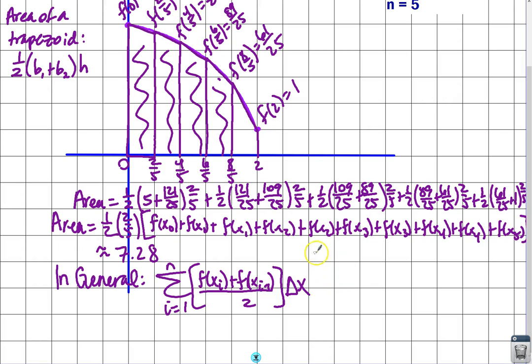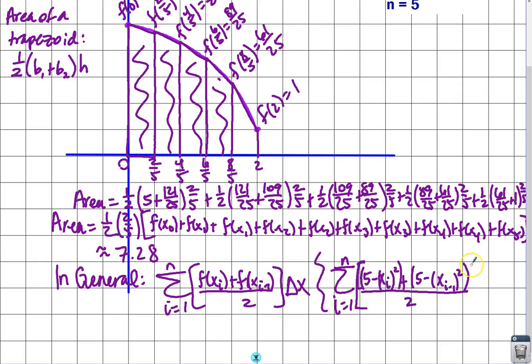Specifically for this function, we had I equals 1 to n of 5 minus xi squared plus 5 minus xi minus 1 squared, all over 2 times 2/5. Okay.